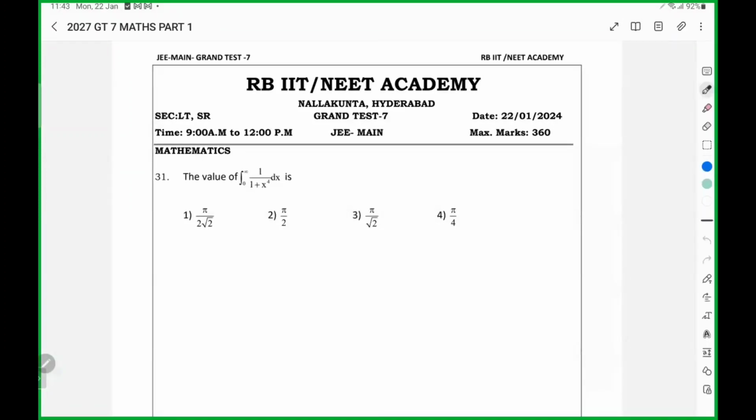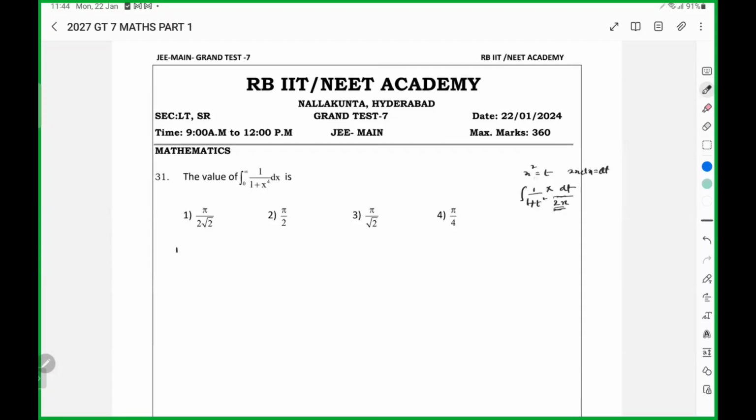So this problem, by looking into this, if you assume x square as t, 1 plus t square, 2x dx as dt. In the conversion process, x remains.